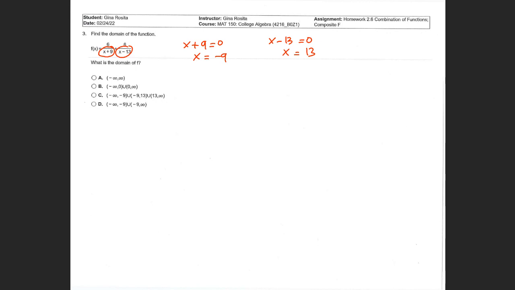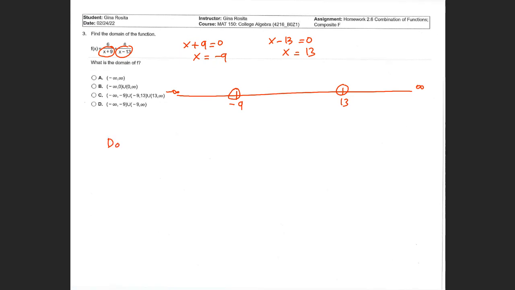So for the domain, x cannot be negative 9 and x cannot be 13. I put over here negative 9 and 13. Cannot be negative 9, so open. Cannot be 13, so open. This is from negative infinity to infinity.